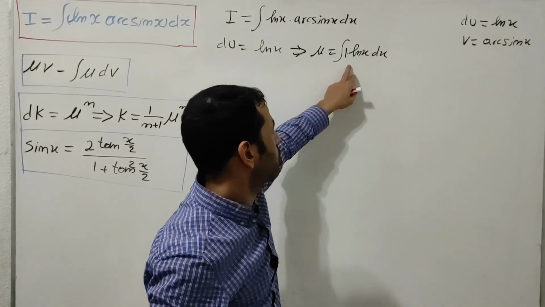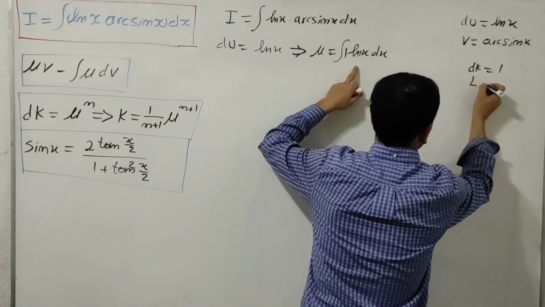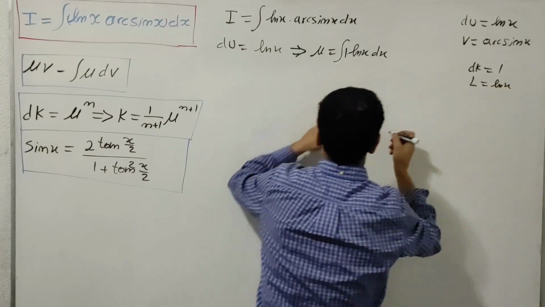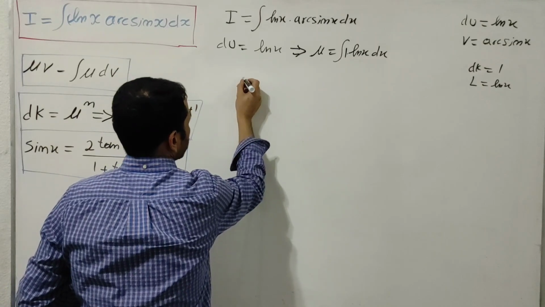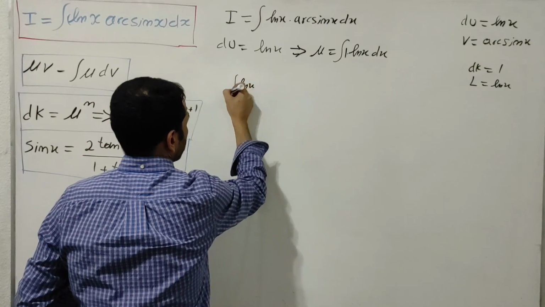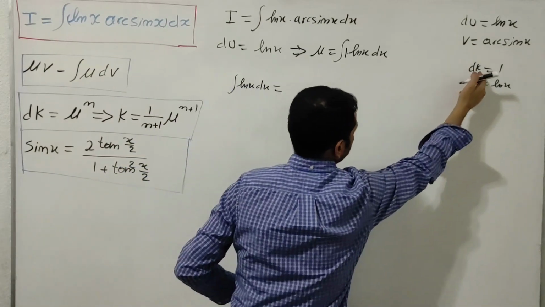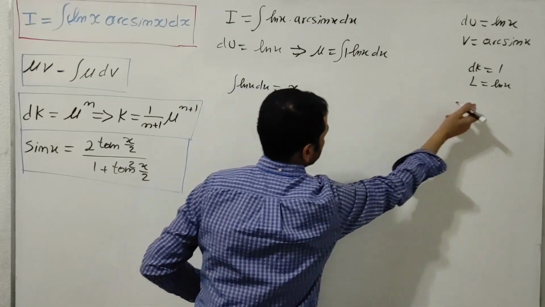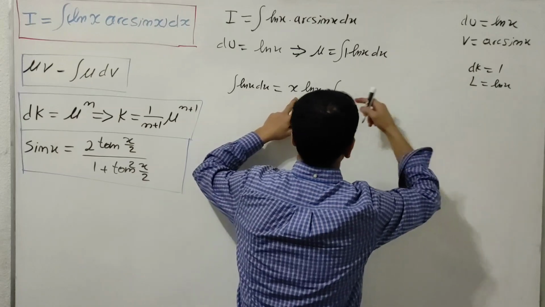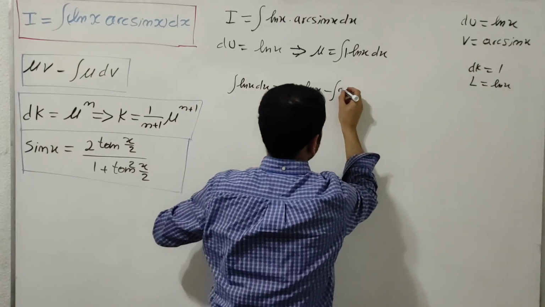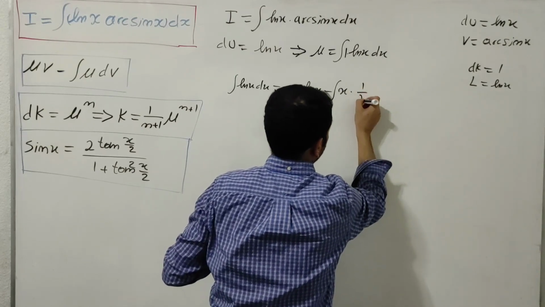Okay, by putting dk equals 1 and l equals natural log of x, and applying integration by parts here, I will get the integral of natural log of x dx equals the primitive of this one, which is x multiplied by the natural log of x, minus the integral of the primitive function of number 1, which is x, multiplied by the derivative function of natural log of x, which is 1 over x dx.